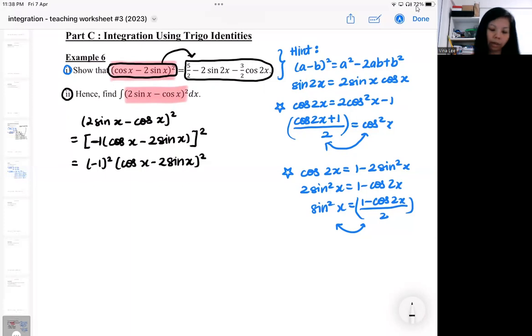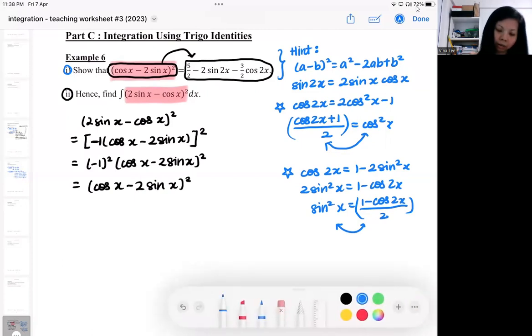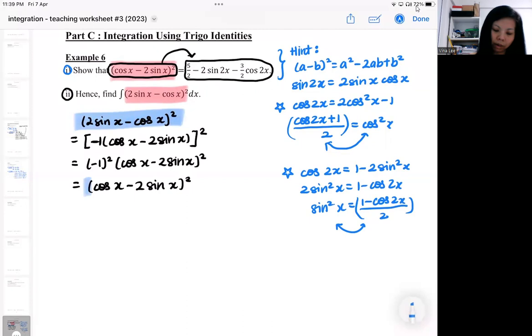And I'm going to square the bracket. And squaring -1 actually gave me a 1. So you will realize that this is actually equivalent to, that means this part is equivalent to this part.